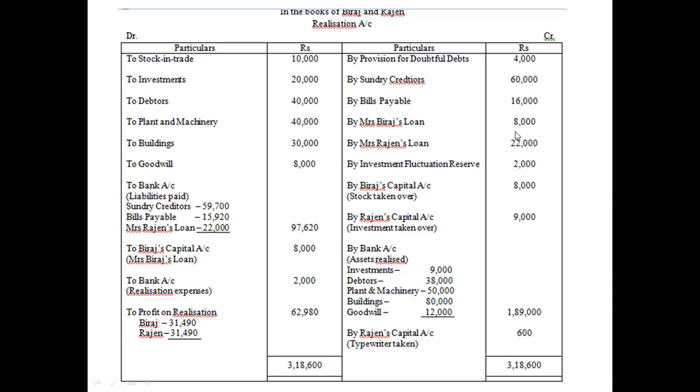When the partner makes payment to the external liability, it has to be adjusted through his capital account, and the stock taken over will be credited here.